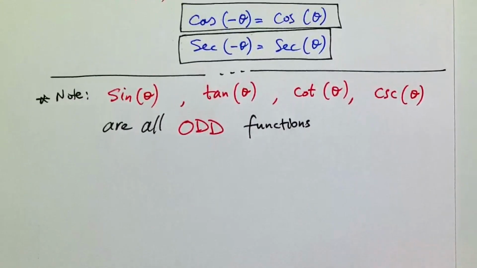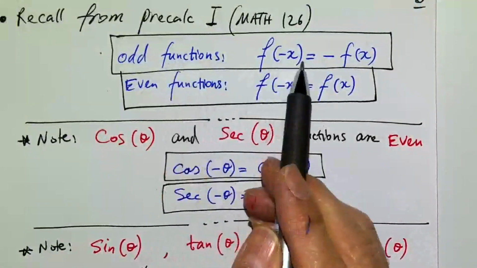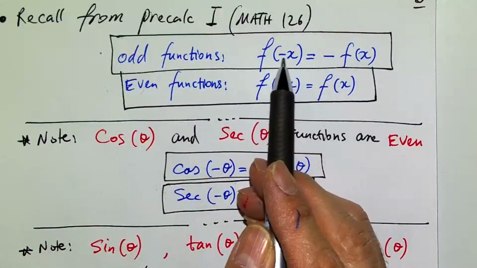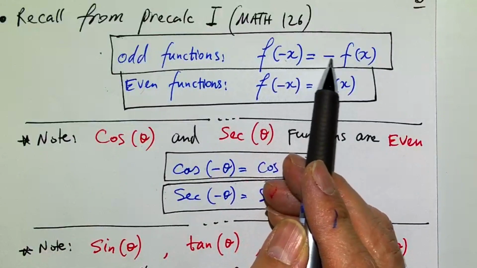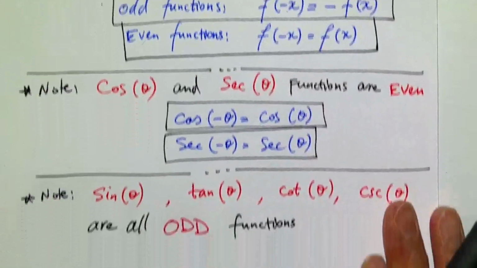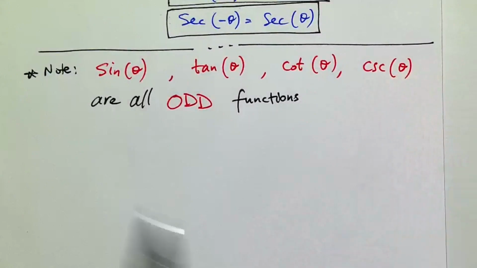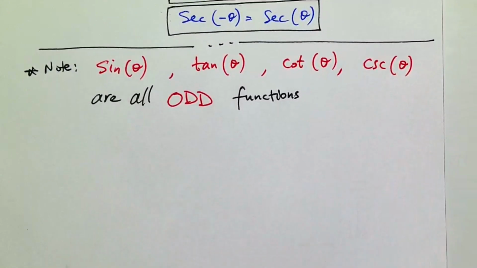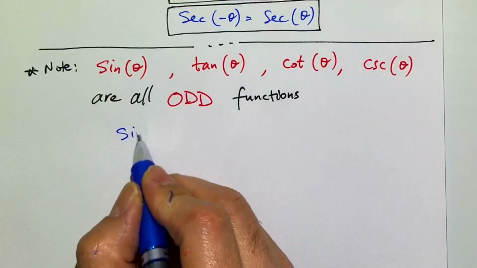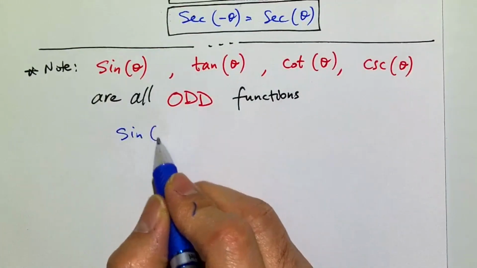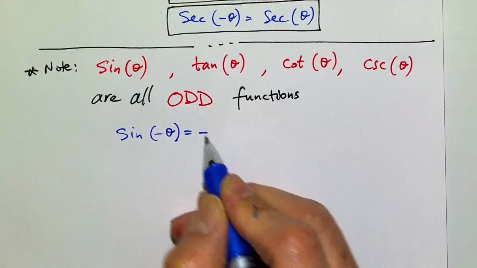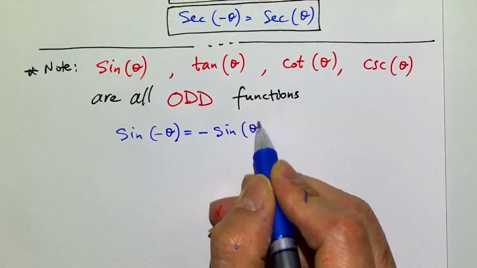This is what it means. Just like what the odd functions meant in basic algebra, this minus in the argument translates to the minus in front of the function. Those two are equivalent. So then we can say that sine of negative theta is equal to minus sine of theta.